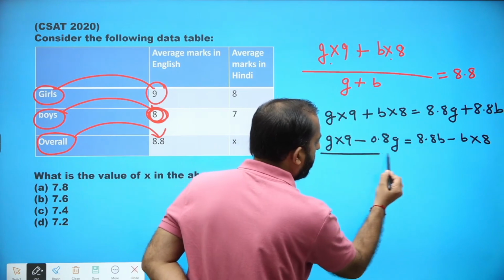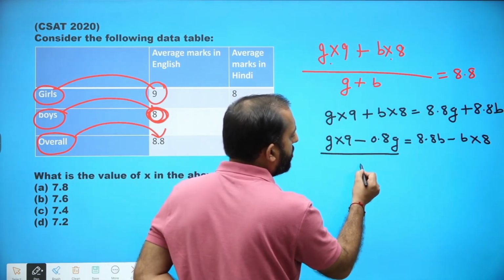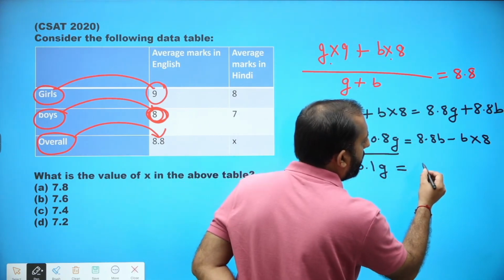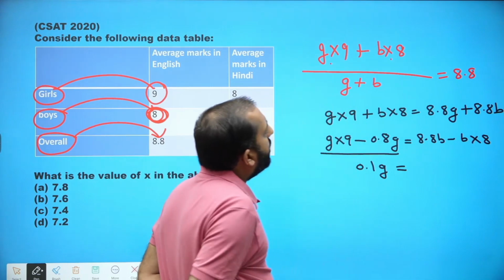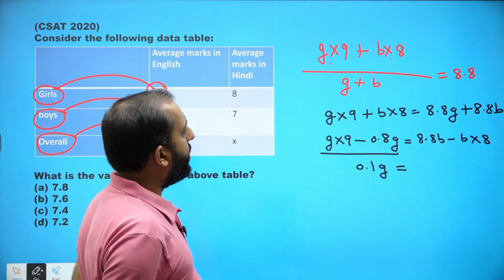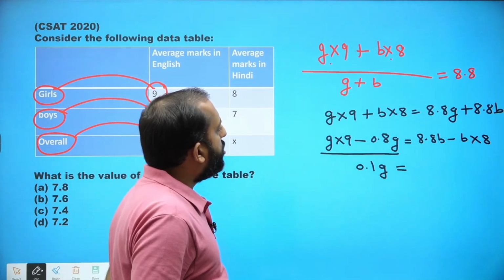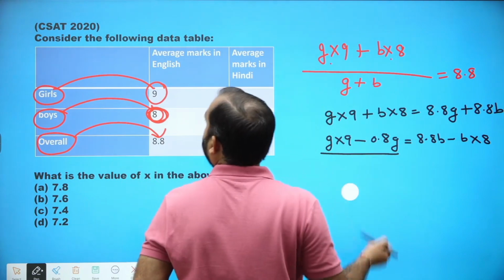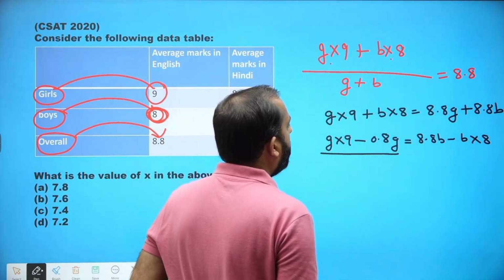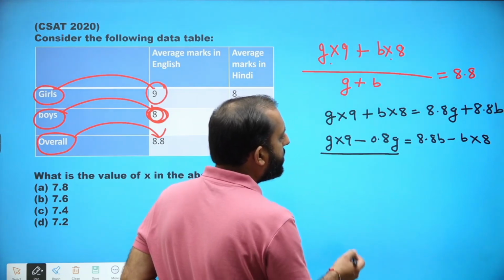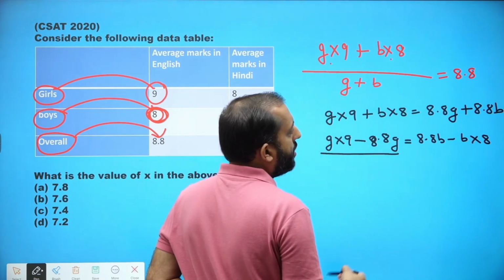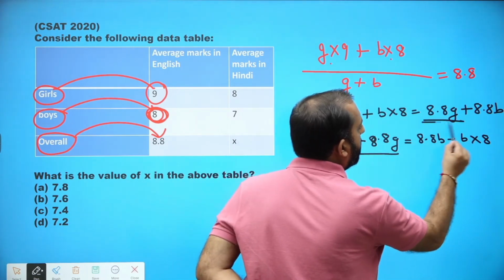So if you solve this, it will give you 0.2 into G. Just a second, guys. Yes, 8.8 it is. So 9 minus 8.8, I'm really sorry guys, it should be 8.8, please correct it.